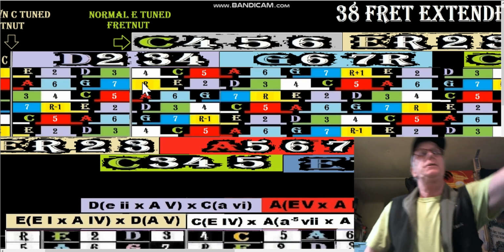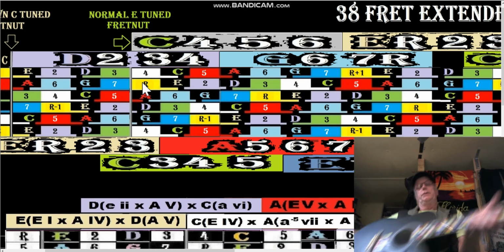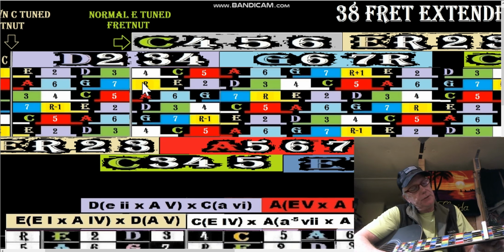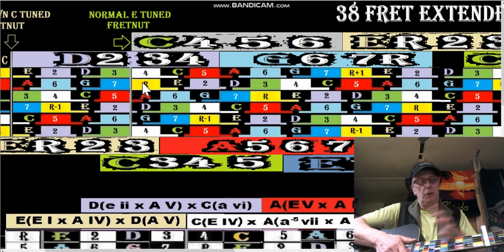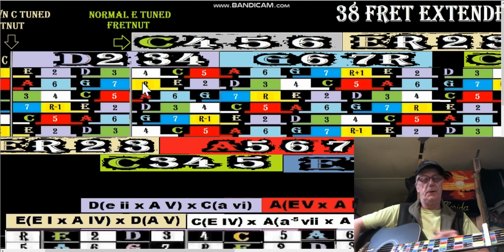So let's get Mr. Capo and put him where you're tuned. This is your fret nut, where your guitar ends here. Of course, you're more up here, but if you can understand this, you can understand this.